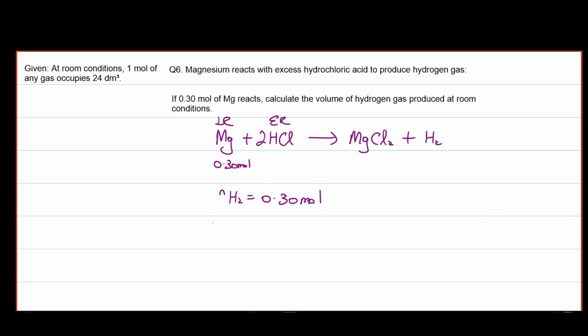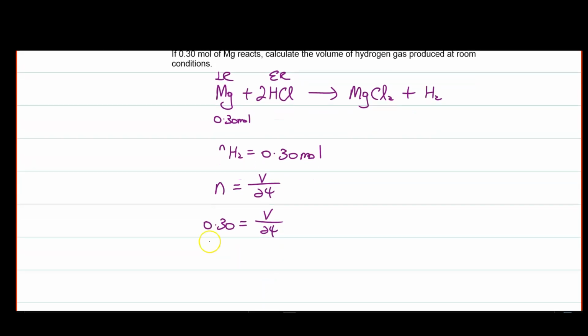Since hydrogen is a gas at room conditions, we apply the formula number of moles of gas is equal to V over 24. 0.30 is equal to V over 24. So the volume of hydrogen gas will be equal to 0.30 multiplied by 24. Hence, its volume is equal to 7.2 dm cube.